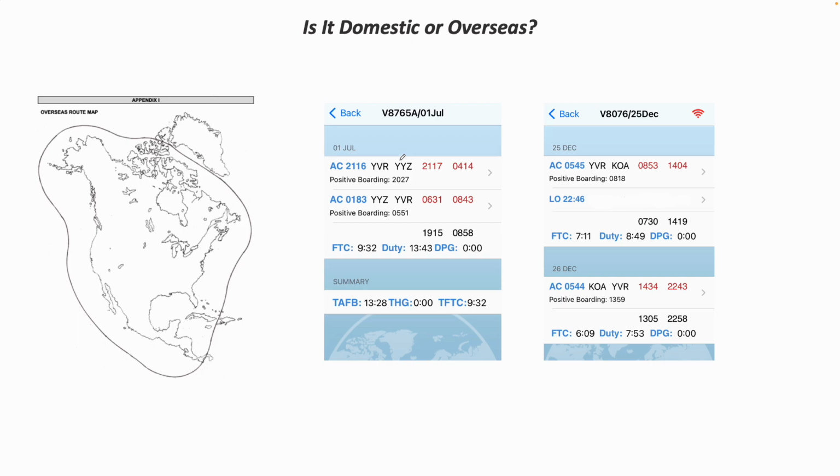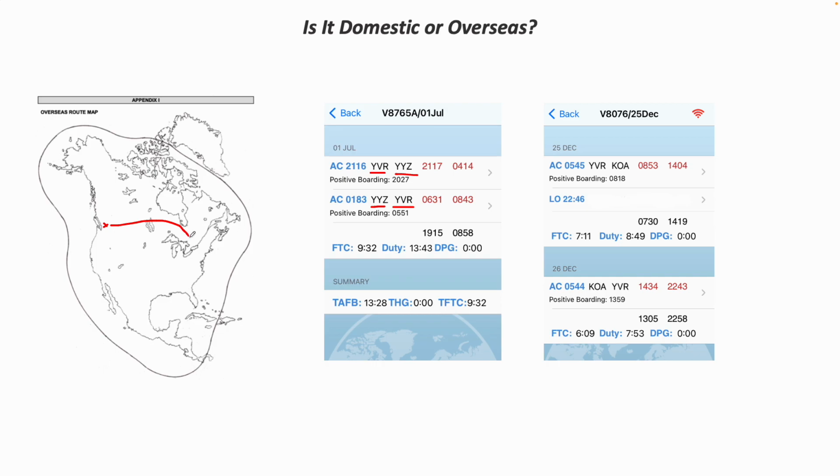Let's give two examples so that we can apply our knowledge using the chart. In this particular duty day, we have Vancouver to Toronto, and of course, right back from Toronto to Vancouver. The duty day starts in Vancouver.